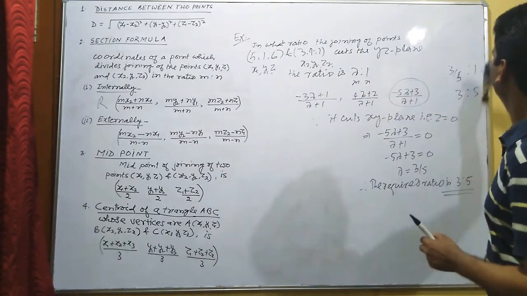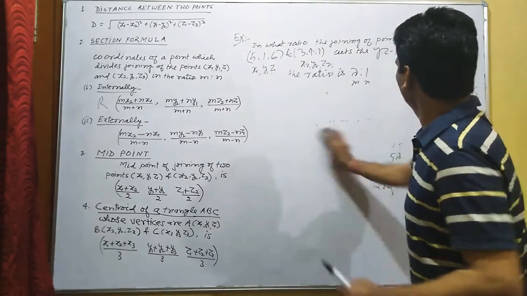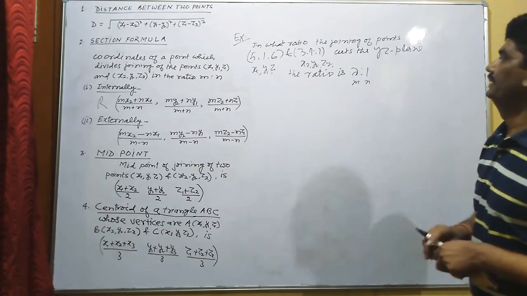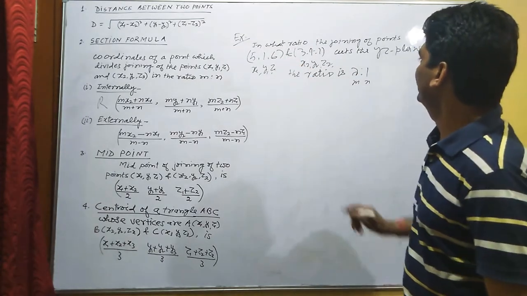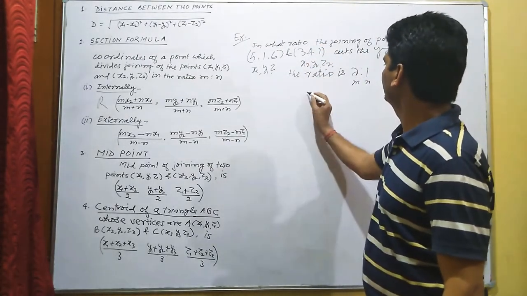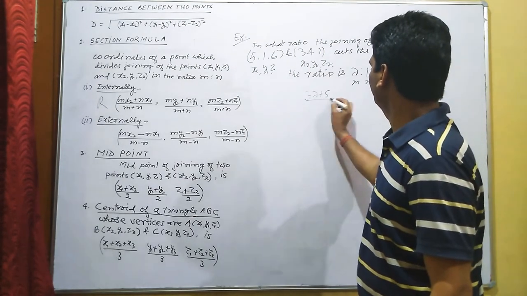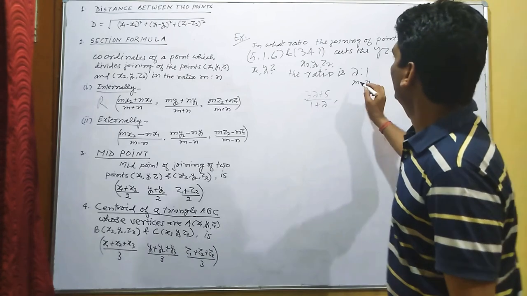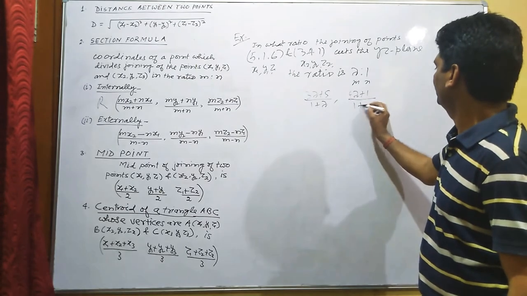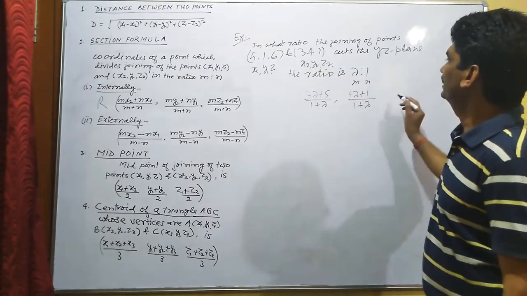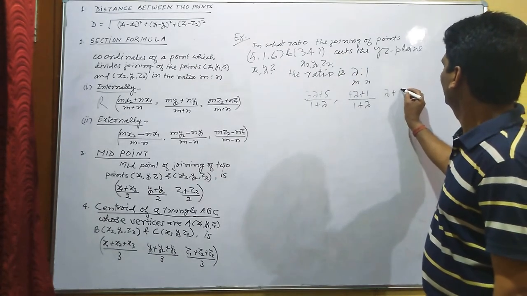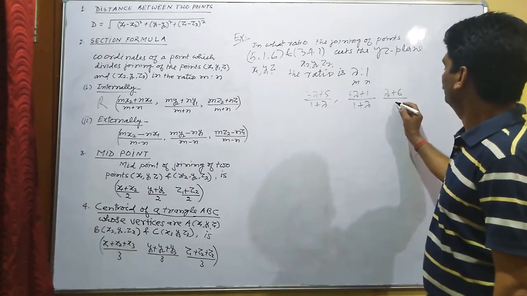In this case, again we assume the ratio is lambda is to 1, and similarly we find the coordinates: x coordinate is (3 lambda plus 5) upon (1 plus lambda), y coordinate is (4 lambda plus 1) upon (1 plus lambda), and z coordinate is (lambda plus 6) upon (1 plus lambda).